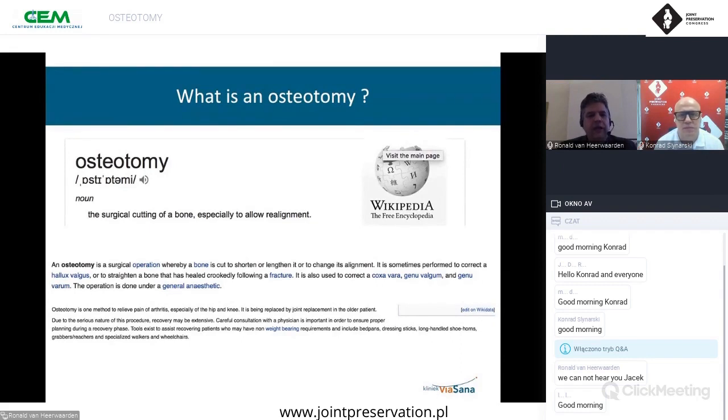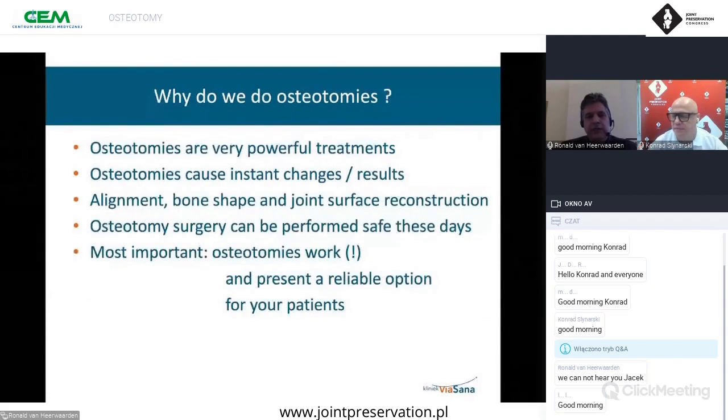And it's even kind of dangerous that patients who are Googling on osteotomy are reading this, because it's about general anesthesia, it is about dressing sticks, shoe horns, and all kind of strange information. So there is something we have to change about the information on the internet on osteotomy. But osteotomy as surgical cutting of bone, especially to allow realignment, is kind of accurate.